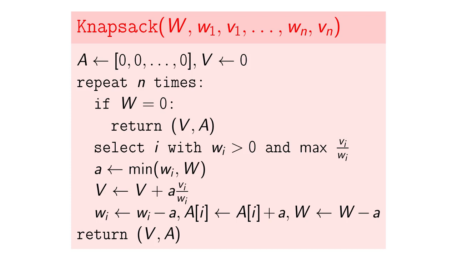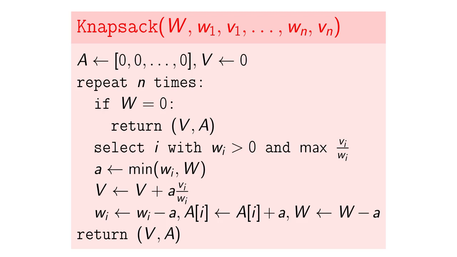In the variable W we start with the total capacity of the knapsack, but each time we put something in the knapsack, we update W, decreasing it by the amount of weight that we put in, and so in the end, when the knapsack is full, W will be 0.